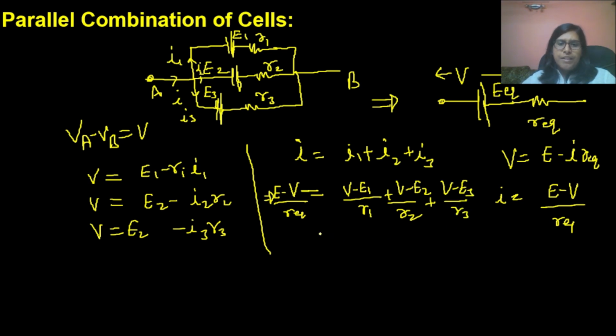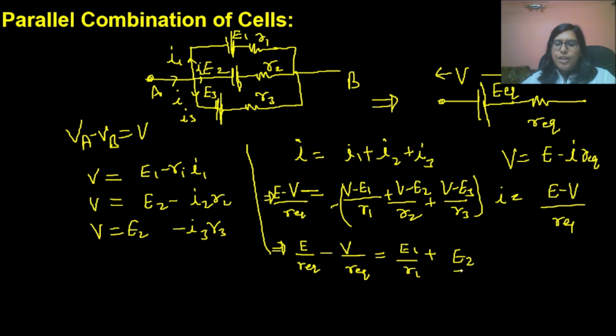If you simplify this, it is not V minus E1, it is E1 minus V, so here we will put a minus sign. If you simplify this, then E upon R equivalent will become E1 upon R1 plus E2 upon R2 plus E3 upon R3, minus V into 1 upon R1 plus 1 upon R2 plus 1 upon R3, right?